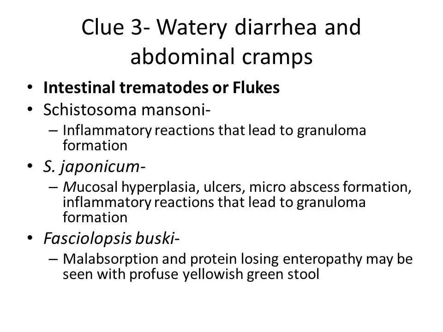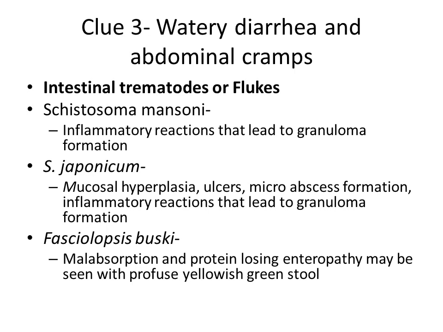Here there is no evidence of watery diarrhea, so we can exclude it. Schistosoma japonicum also causes mucosal hyperplasia and ulcers, and like Schistosoma mansoni, an inflammatory reaction leading to granuloma formation, so we can exclude these parasites also.